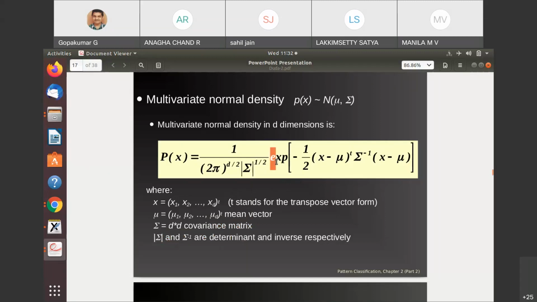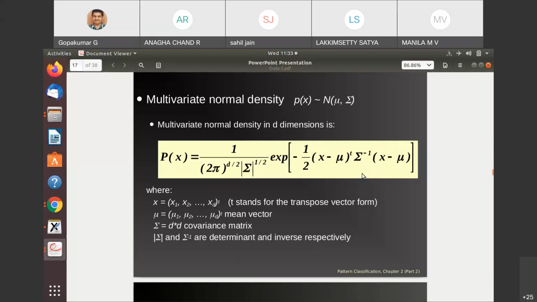Then exp of minus half into, earlier we had x minus mu by sigma the whole square, but now it is slightly modified: x minus mu the whole transpose. This T represents the transpose of the difference between the feature vector and the mean vector, then sigma inverse, the inverse of the covariance matrix, multiplied by x minus mu.